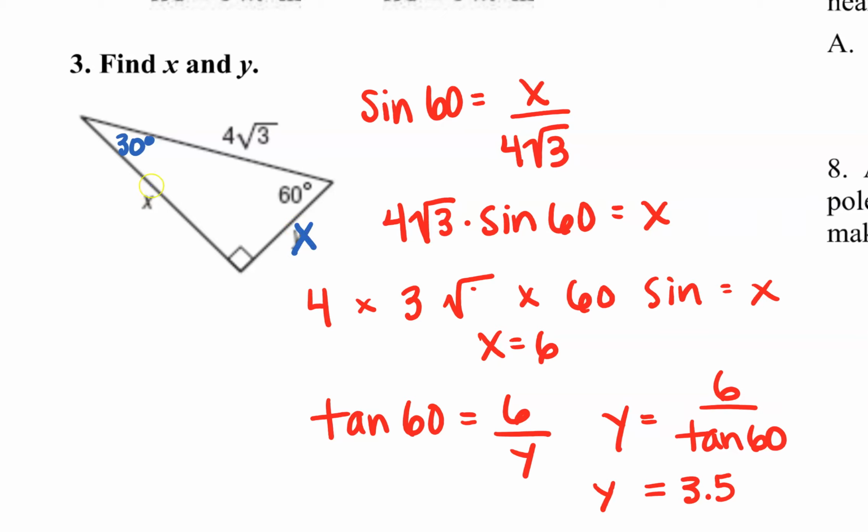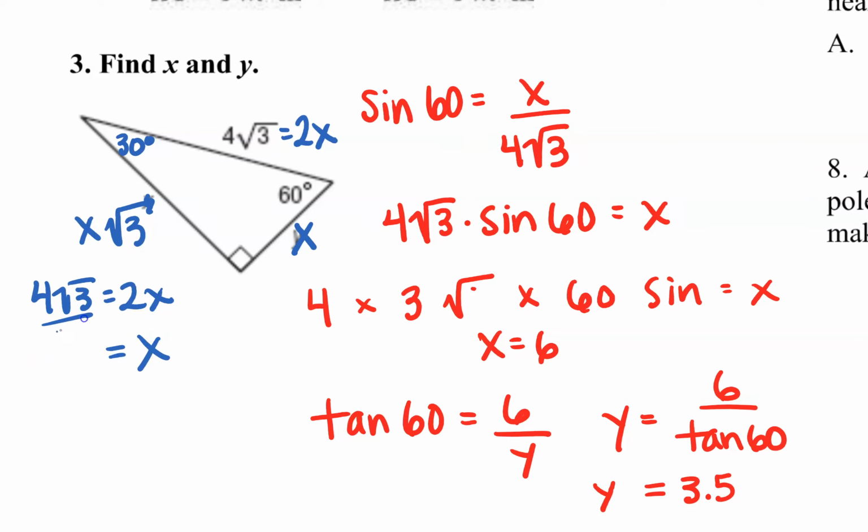The hypotenuse is twice the small side. This is the small side times square root 3. Okay, so if 4 square root 3 is twice the small side, then this is half of that. So 2 square root 3 is equal to x.